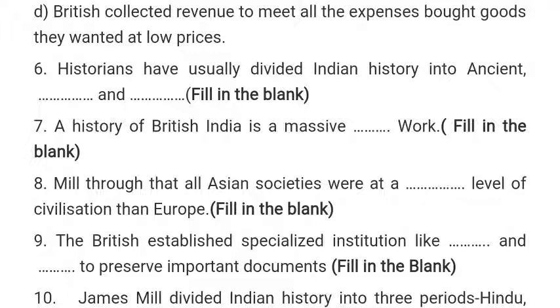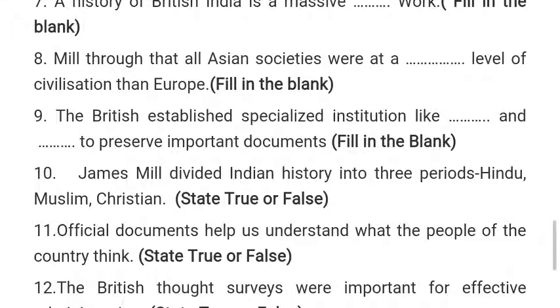Mill thought that all Asian societies were at a lower level of civilization than Europe. Then question number 9: the British established specialized institutions like archives and museums to preserve important documents.